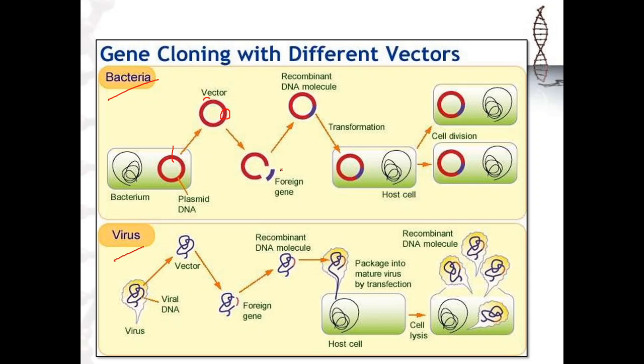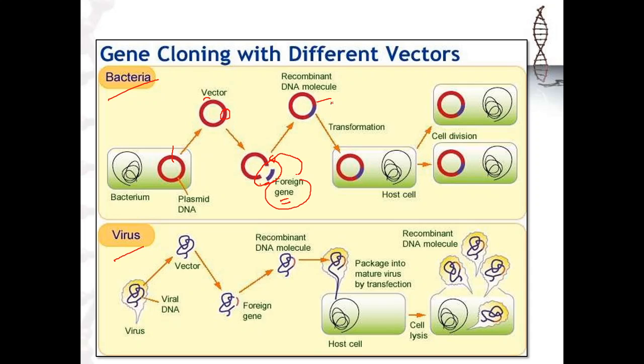Then, of course, we have to cut a portion of the DNA of the source. So we have to obtain the gene from the DNA of the source. That foreign gene is inserted into the cut portion of the plasmid, so that when they are bound together through the use of the ligase enzyme, they become a recombinant DNA molecule.